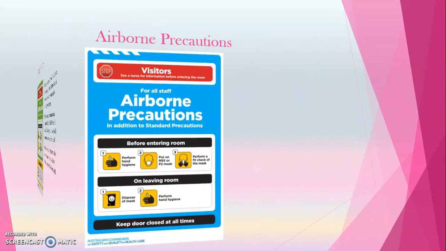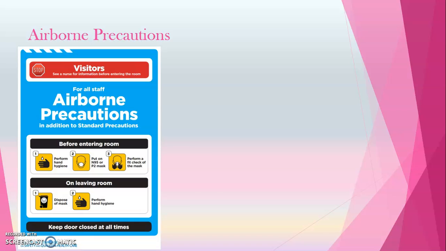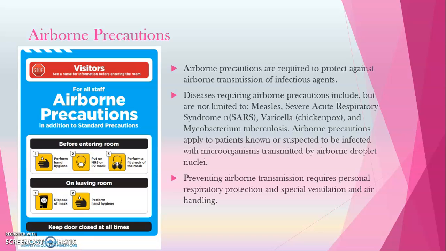Airborne precautions. Airborne precautions are required to protect against airborne transmission of infection. Diseases requiring airborne precautions include, but are not limited to, measles, severe acute respiratory syndrome, varicella or chickenpox, and Mycobacterium tuberculosis.